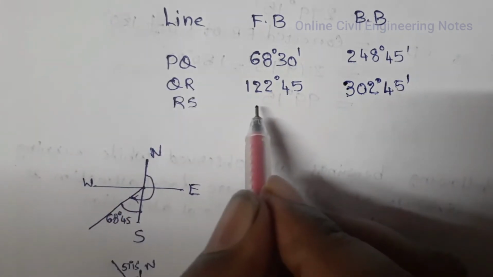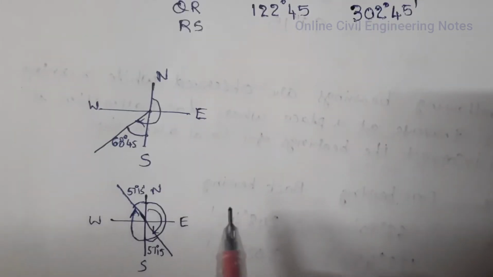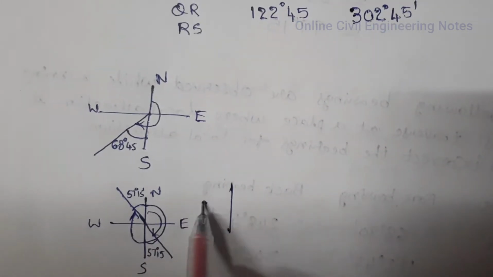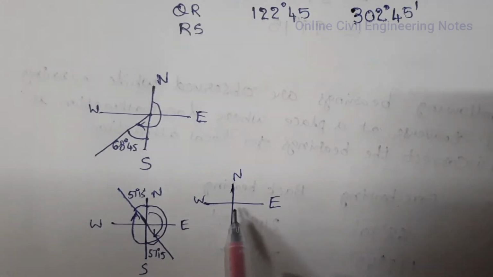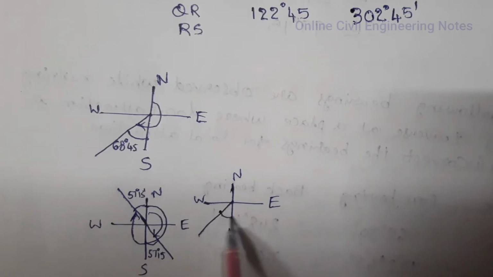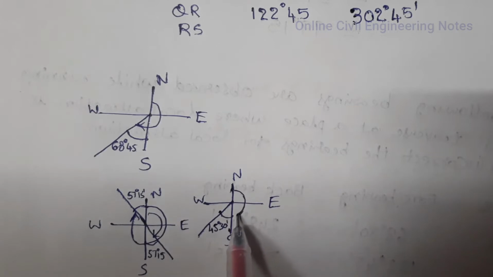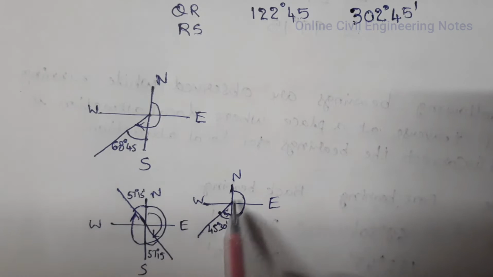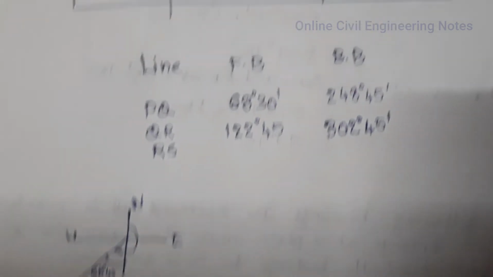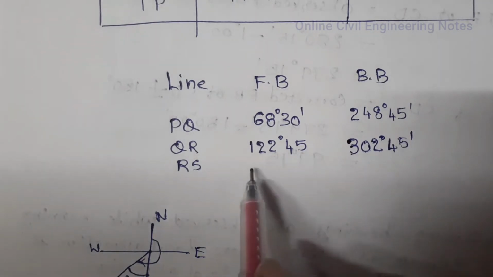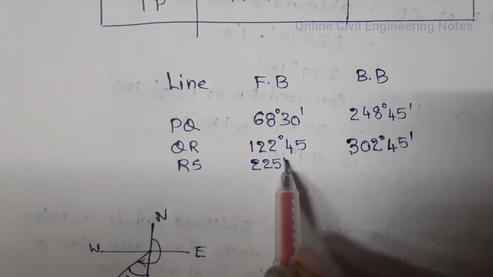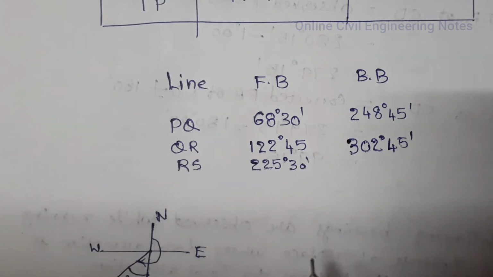RS: S 45 degrees 30 minutes. Therefore, whole circle bearing is 180 plus 45 degrees 30 minutes, which is 225 degrees 30 minutes.